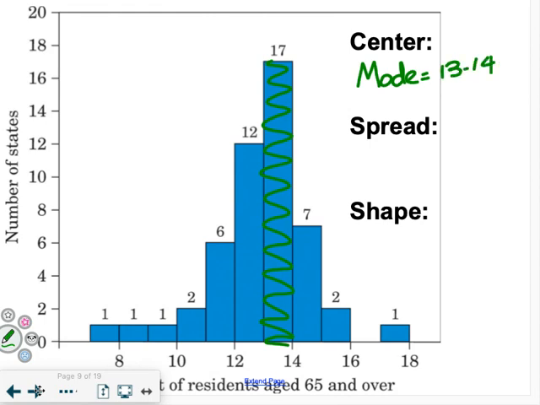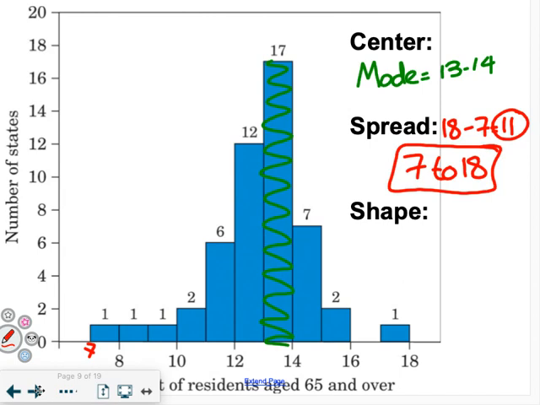So our center is roughly around 13 to 14. For our spread, this is 7, and 18 is right here. So we'd say our spread is 18 minus 7, which is equal to 11. Or you could have said it goes from 7 to 18.